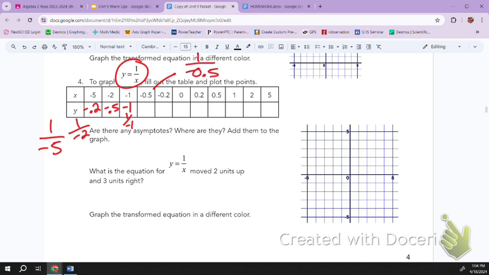What happens when I divide by a decimal? You get negative 2? Yes, you're correct. We get negative 2.